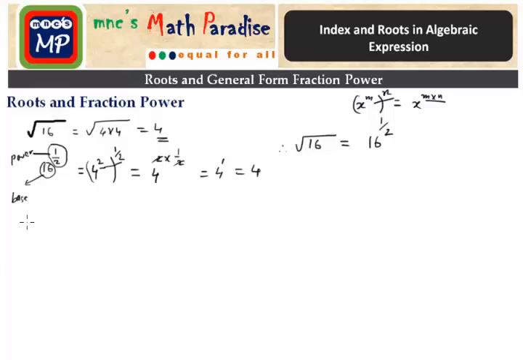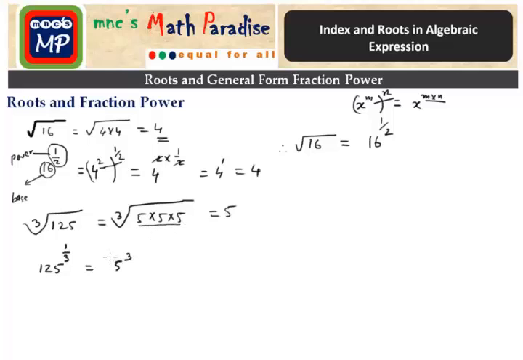This is square root, let us take another example with cubic root. Cubic root of 125 can be written as the cubic root of 5 times 5 times 5. So this will give us 5. Now if we start with 125 to the power 1 by 3, here base is 125 and power is 1 by 3. 125 is 5 times 5 times 5, that means 5 cube.